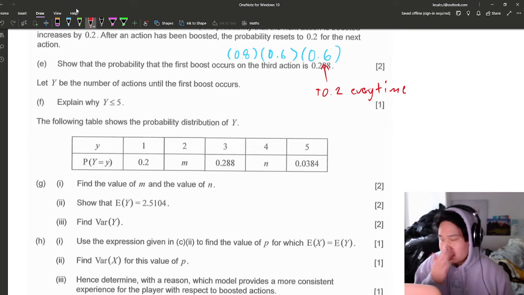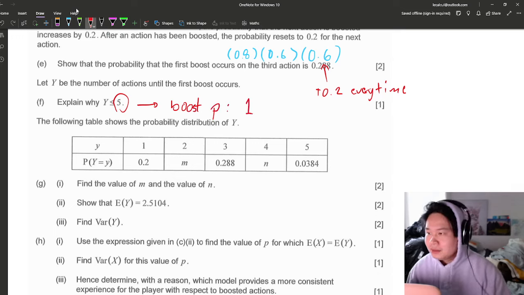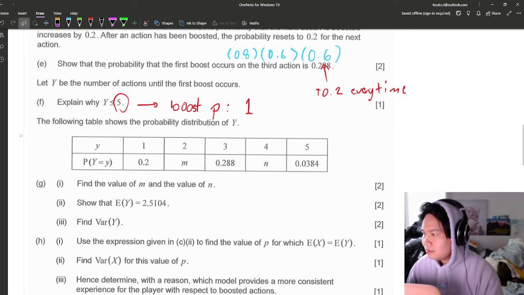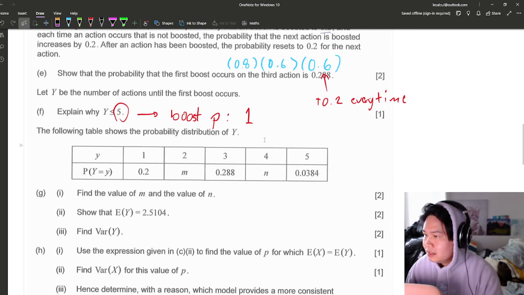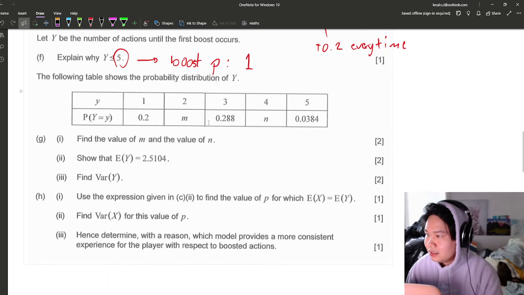By 5, the boost probability is 1, so it's guaranteed to happen. So you're guaranteed to be boosted at least every 5 turns.